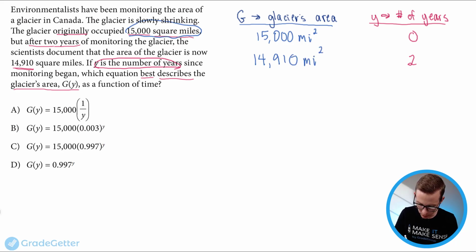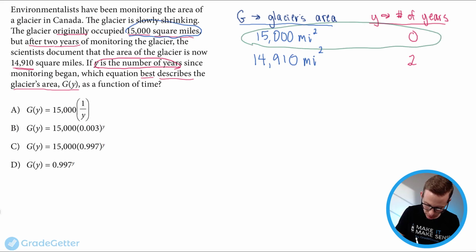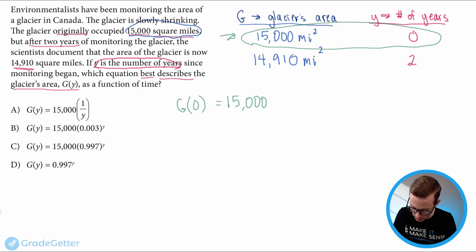So another way of writing this, if g is a function of y, g of 0 should equal 15,000. That's what this expression means here.